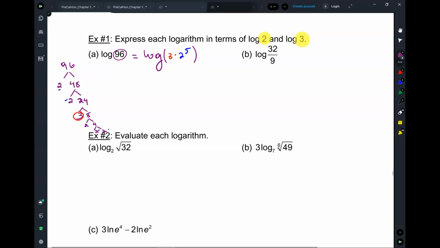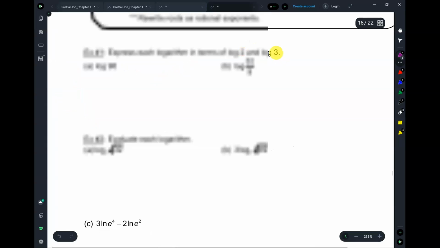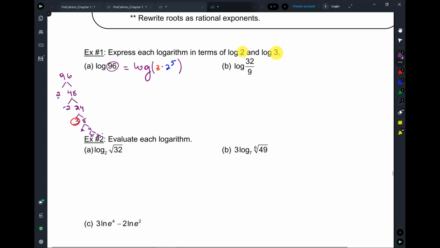So now I want to express them in terms of log 2 and log 3. Now I want to expand it. I want to apply the log property on this. So since I'm multiplying things inside the log, how many elements do I have in here? 1, 2, right? I have a 3 and a 2 to the 5. So I know that I'm going to end up with 2 logarithms.